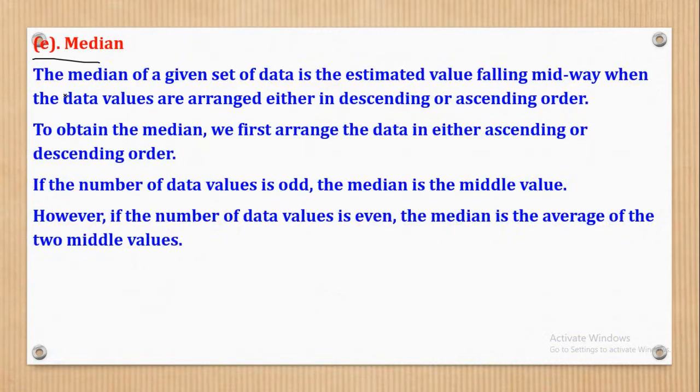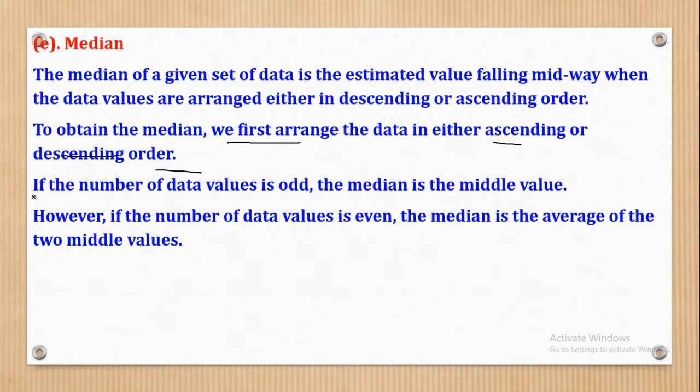Then the median of a given set of data is the estimated value falling midway when the data values are arranged in either descending or ascending order. So to obtain the median, we first arrange the data values in either ascending or descending order.